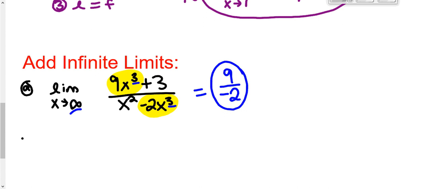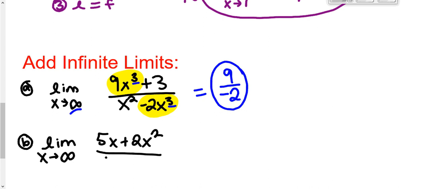Then B, the second one I had you write down, was the limit as x approaches infinity of 5x plus 2x squared divided by 4x plus 1. This time when we're looking for the highest exponent, on the top it is second, and on the bottom it's first. We have an exponent of 2 and an exponent of 1.